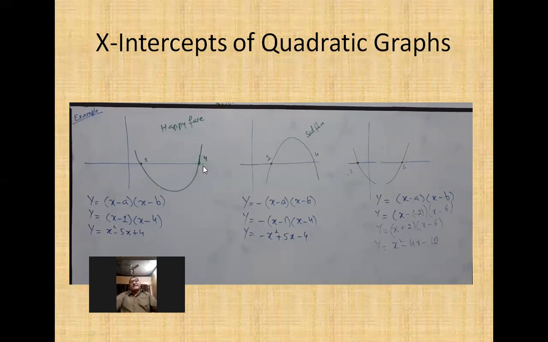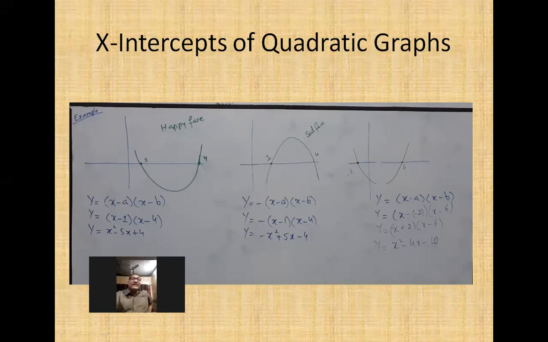So the x-intercepts are basically 1 and 4. Very easily, if this graph is given to you, you can find its equation. So understand this: if you know the x-intercepts, the equation can be y equals (x minus a)(x minus b).